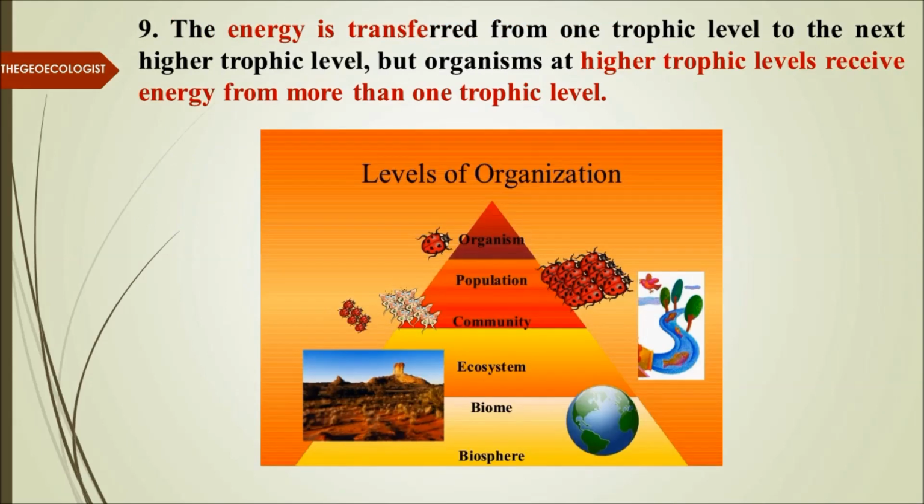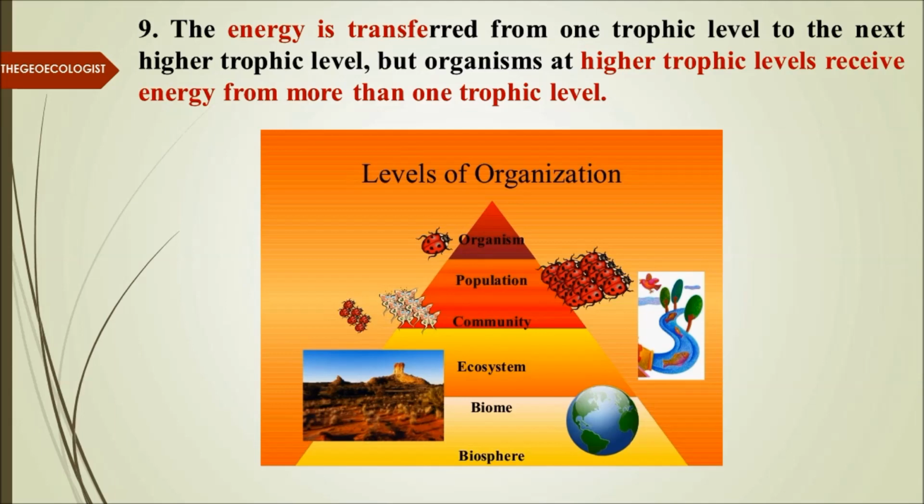Then energy is transferred from one trophic level. Now what is this level? This trophic level is basically talking about the levels at which the communities are placed, the levels of organization, the hierarchy, the structure in terms of energies. So which level has how much energy? What happens here in the trophic level?